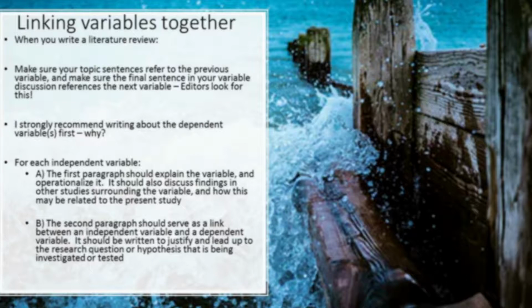For one, make sure your topic sentence refers to the previous variable. If I am talking about intent to purchase, or if I'm talking about brand loyalty, and if I have intent to purchase as one variable followed by brand loyalty, the topic sentence in brand loyalty should reference intent to purchase.